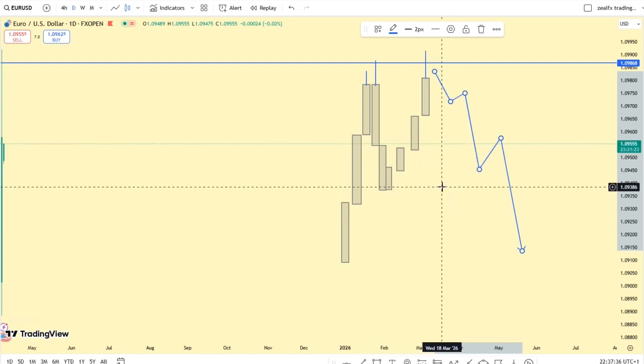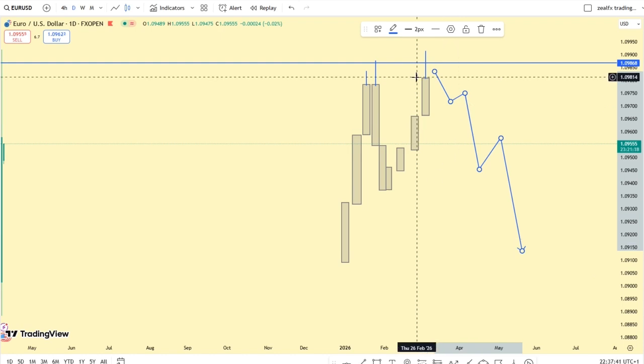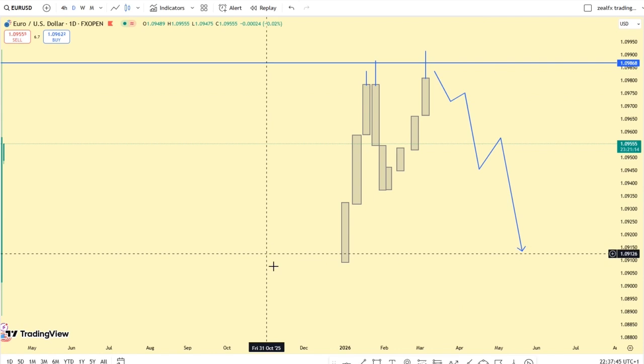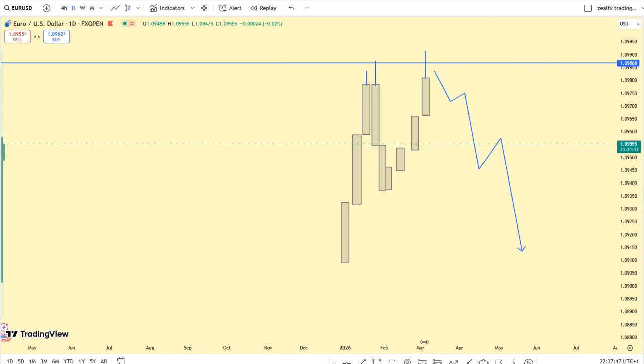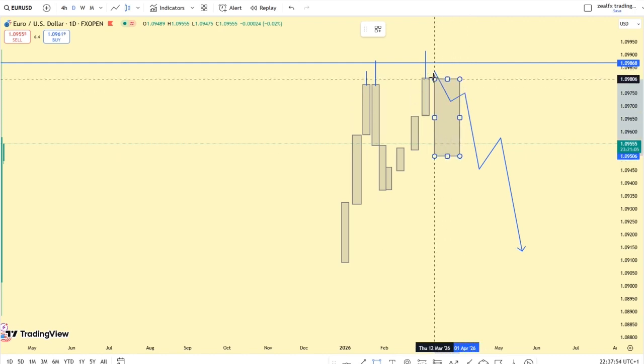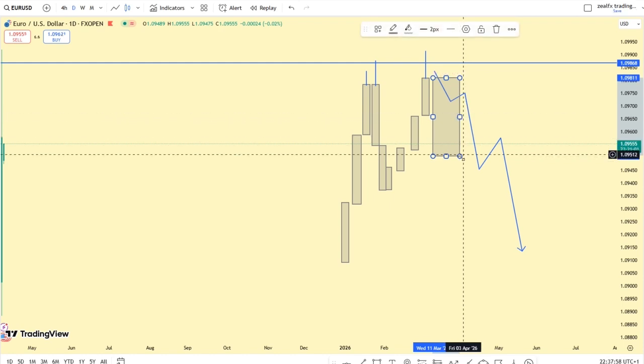So let's do an example for uptrend. This one is a reversal for downtrend. So our example for uptrend will now have price drop from that particular level.